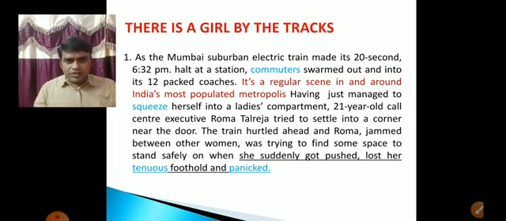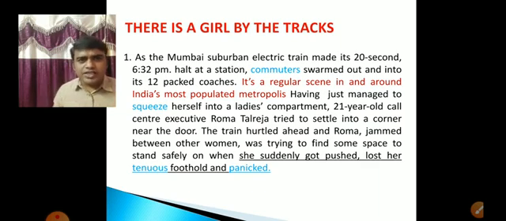So, when the train started to move, children, Roma was jammed. Jammed in the sense, stuck between the two women. And when she was jammed, children, she was trying to find some space to stand safely.